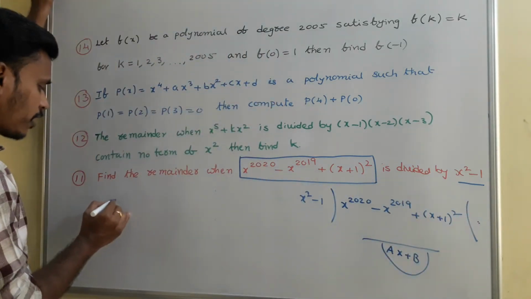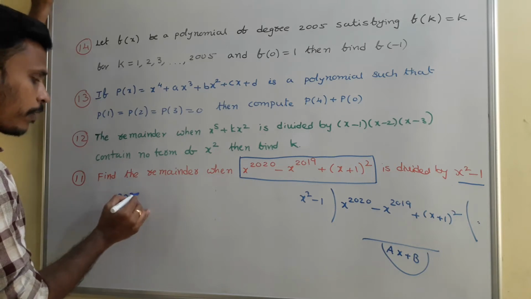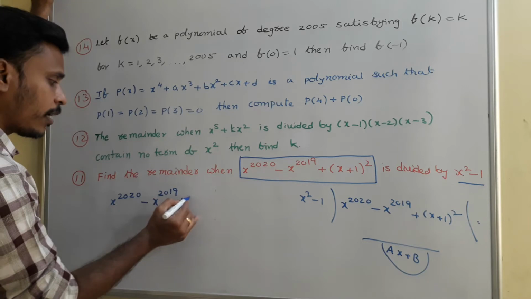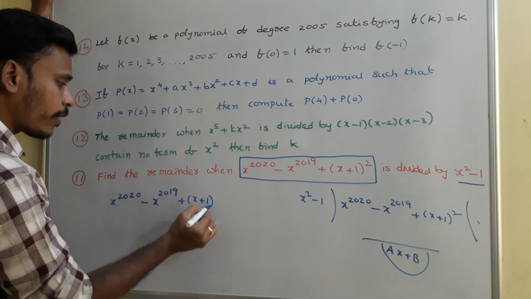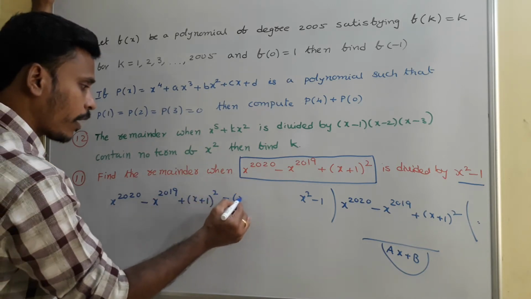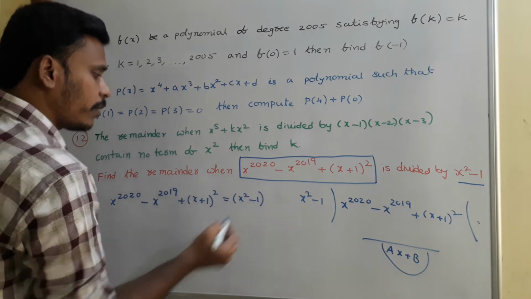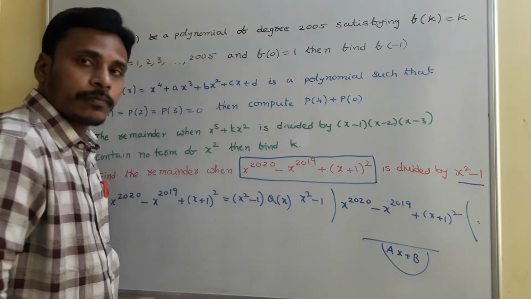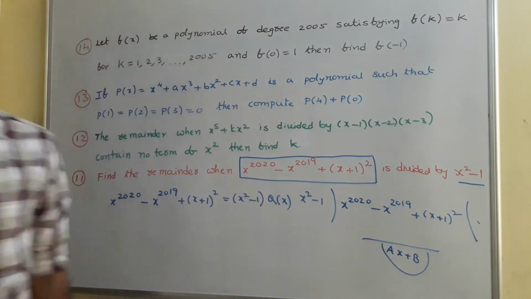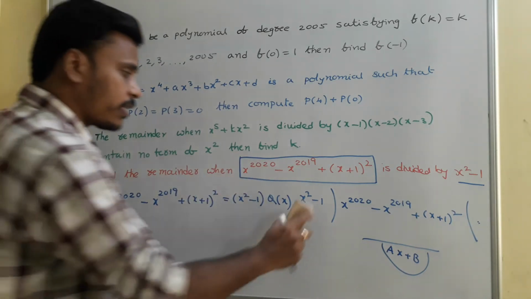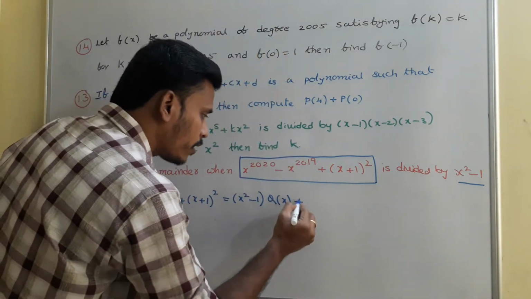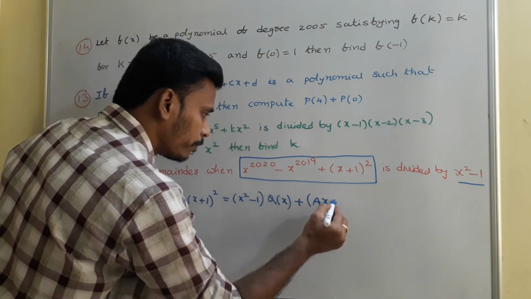When you express it in such a way, it becomes (x^2020 - x^2019 + x + 1)^2, the dividend, equals x^2 - 1, the divisor, into quotient Q(x), plus the remainder. The remainder form is just ax + b.